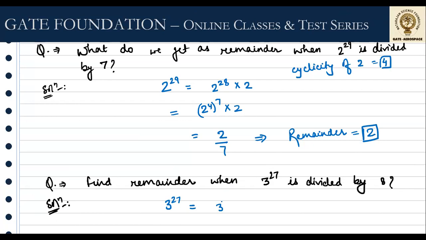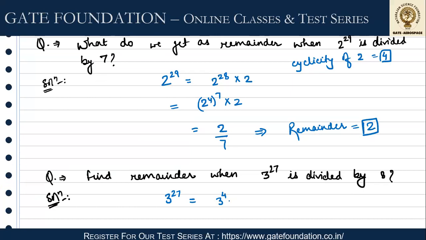Right. So 4 I'll take, and I'll find a number which is nearby this. So 3 raised to 24 into 3 raised to 3. Now this will get cancelled out because after every 4 it is going to repeat. So 3 into 3 into 3, that is 27 divided by 8.